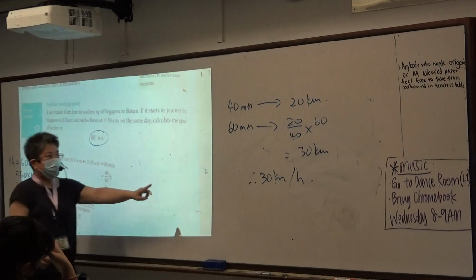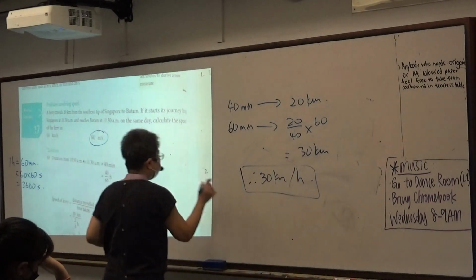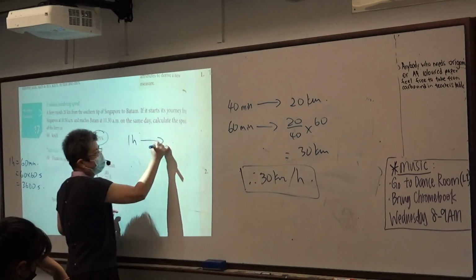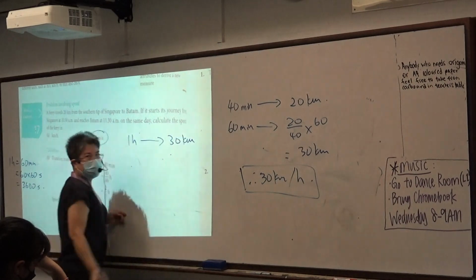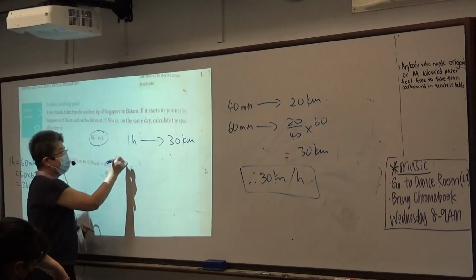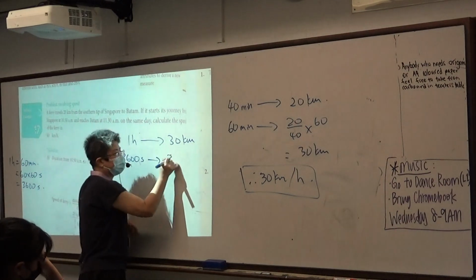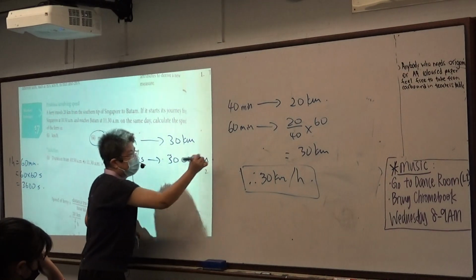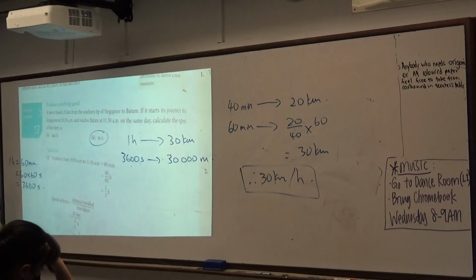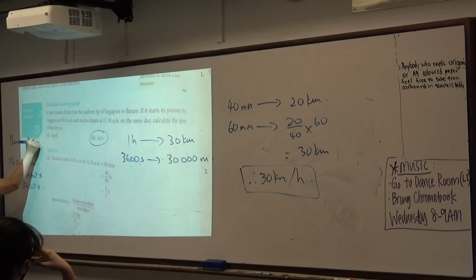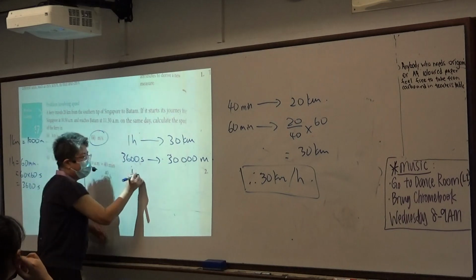Now, what does this tell us? 1 hour travels 30 kilometers, right? 1 hour is 3,600 seconds, and this one in meters is 30,000 meters, alright? 1 kilometer is how many meters? 1,000. Very good. Are we okay? So, how about 1 second?